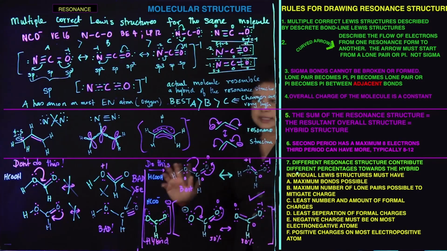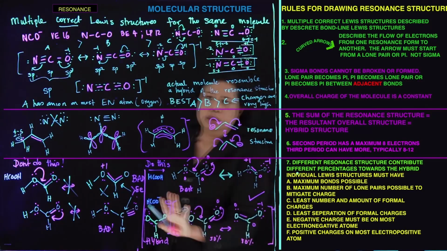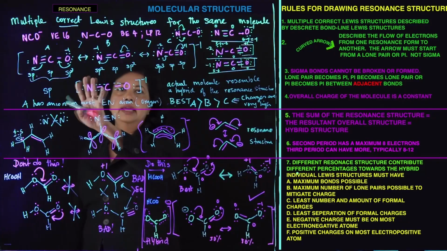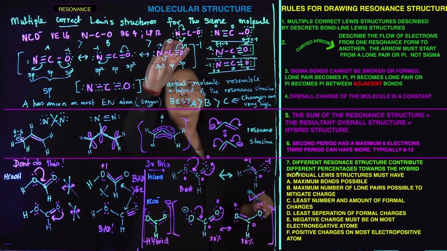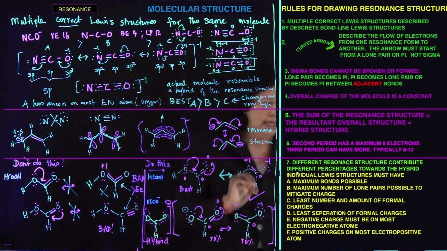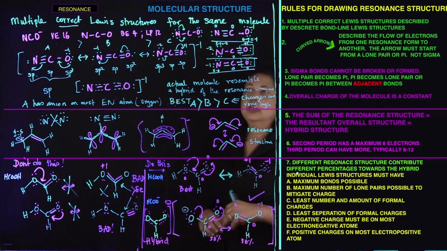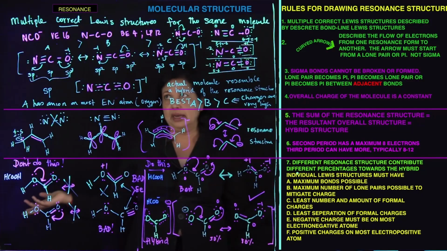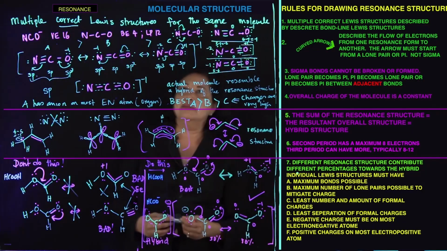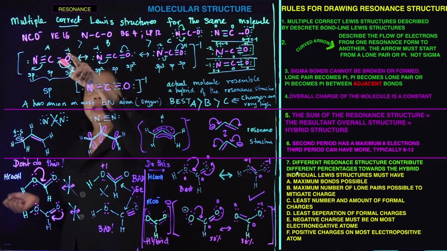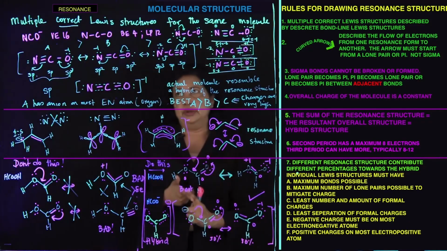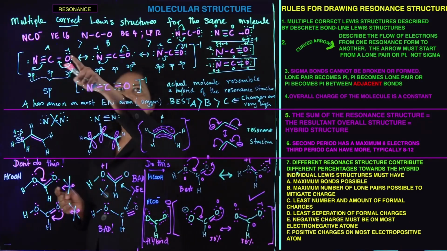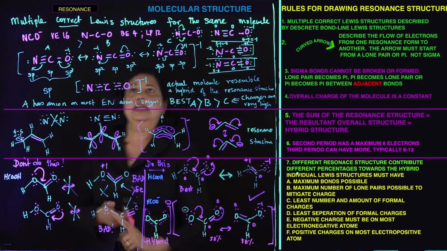So the resultant structure, the hybrid, is a sum of the individual structures, and each of them contributes towards the actual structure in different amounts. Things that have negative charge on more electronegative atoms are better than things that have, let's say, a positive on electronegative atoms.